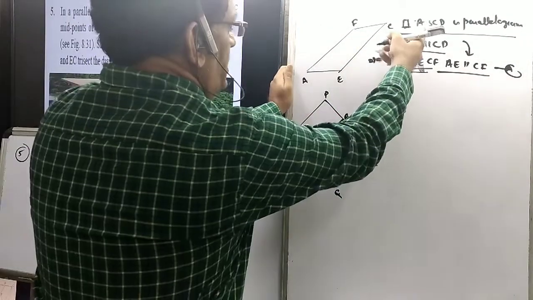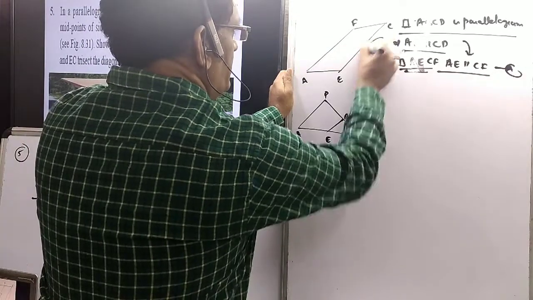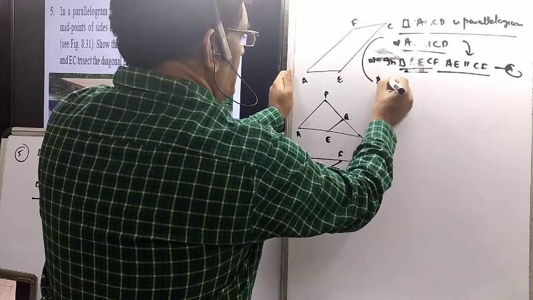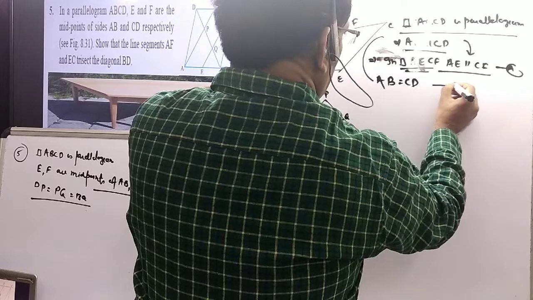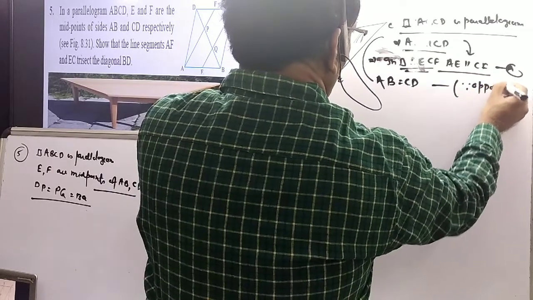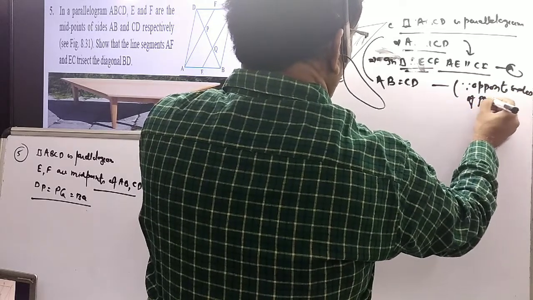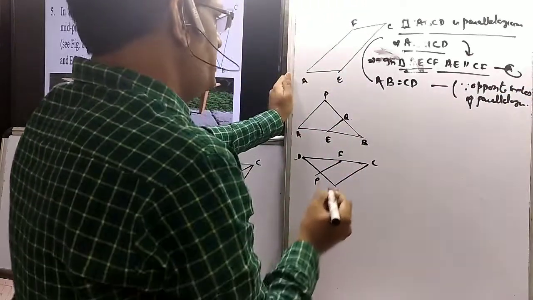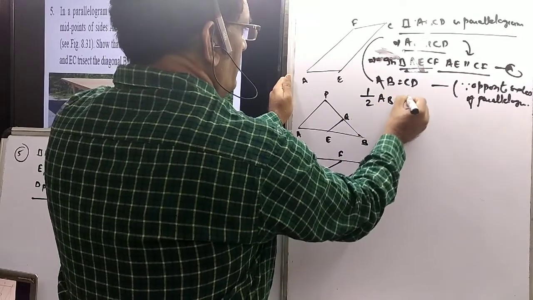Again, ABCD is a parallelogram means AB equals CD. Reason: opposite sides of a parallelogram. So AB equals CD implies half AB equals half CD.